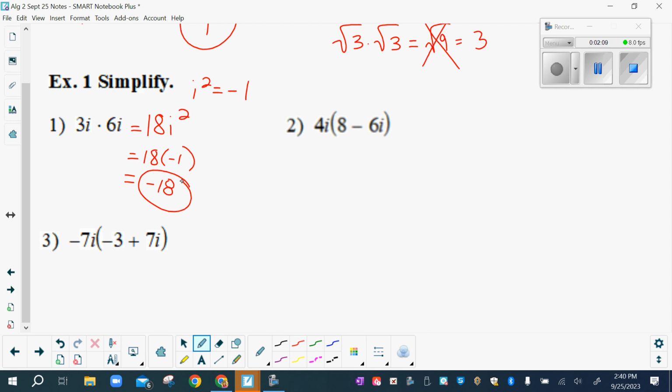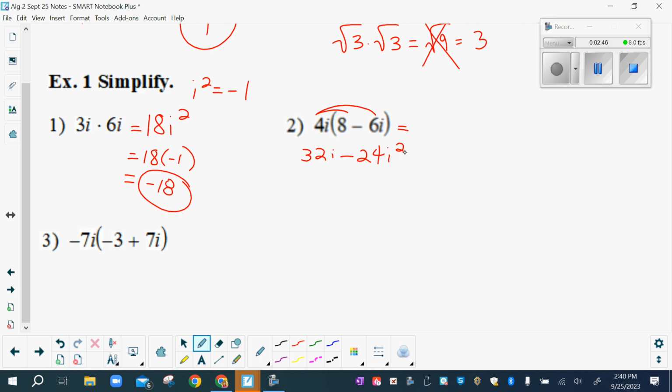Okay, so for number 2, what do we need to do on number 2? Distribute. Good. Good vocabulary. We just said that. So we take 4i times 8i, which is 32i. 4i times -6i, which is what? -24i squared. Does that make sense so far? So a really common mistake is just to leave it there. It's not completely simplified though. What is i squared?